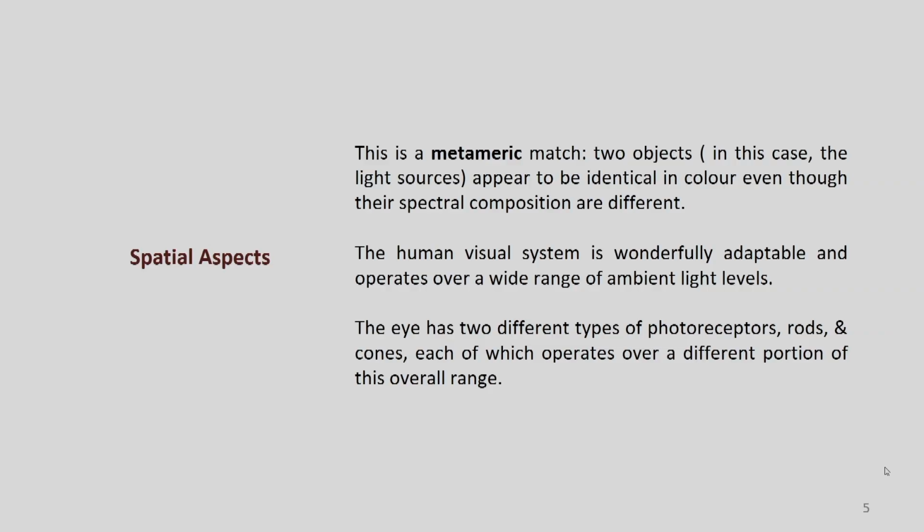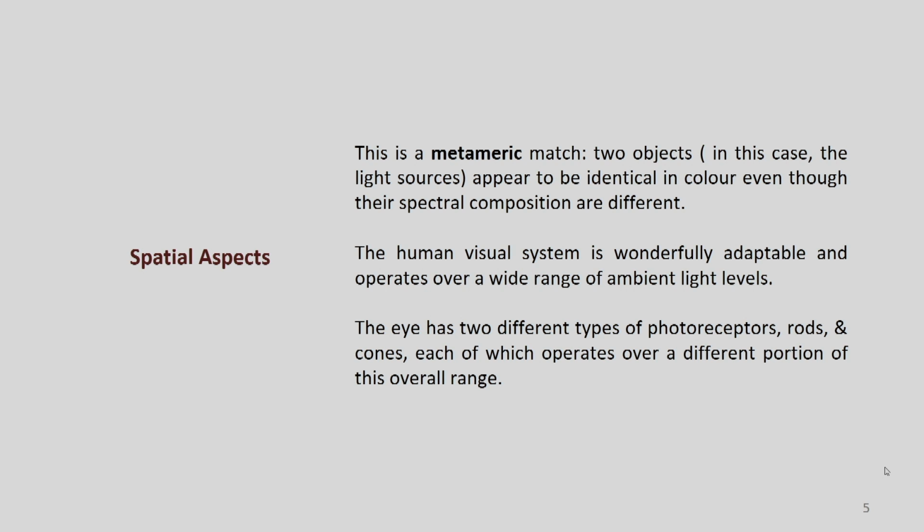The human visual system is wonderfully adaptable in nature and it operates over a wide range of ambient light levels. This is very important. Take an example: when all of a sudden at home we get load shedding, what happens? We try to understand with a very small amount of light where the positions and locations are.